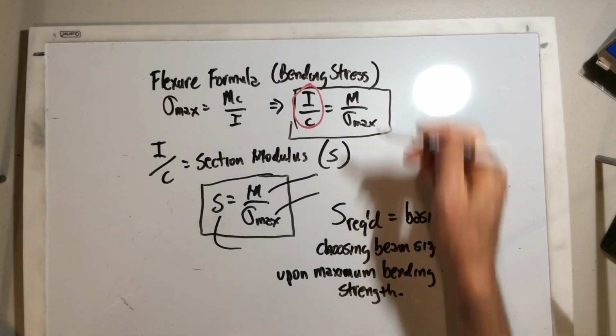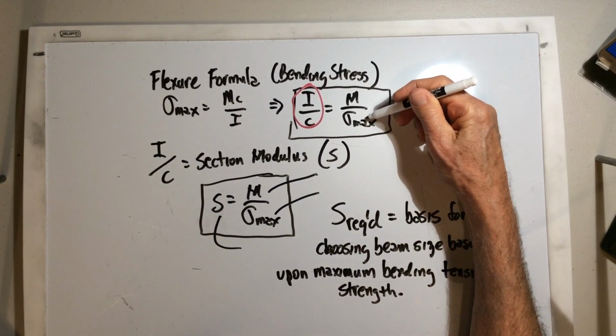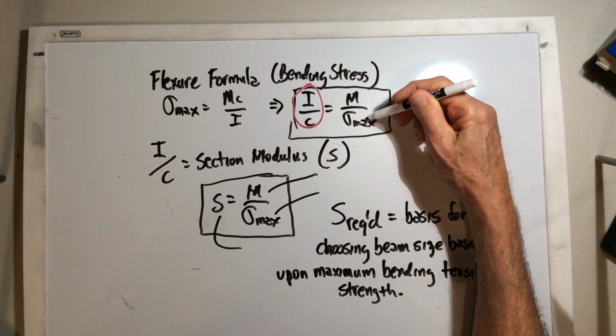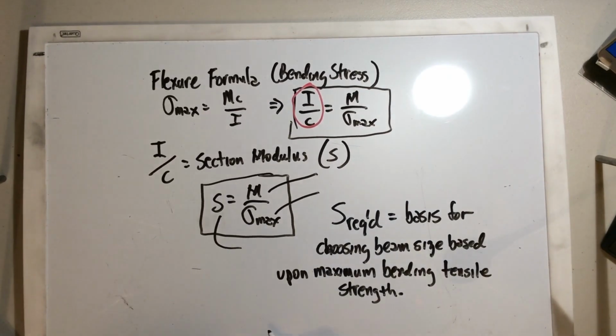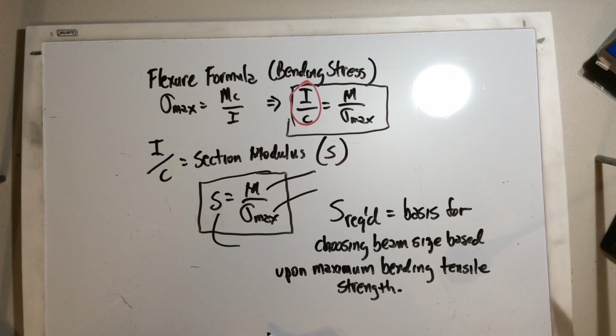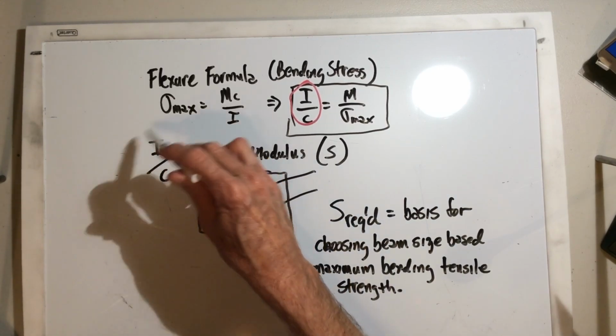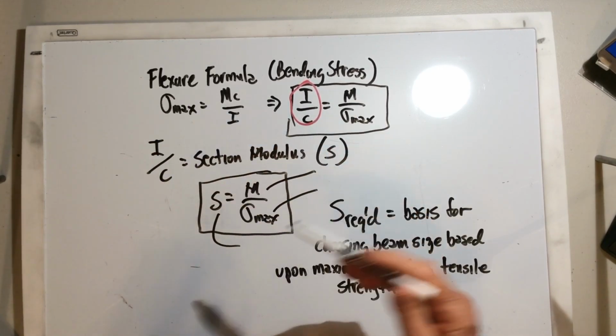Okay, and so this obviously would be attainable based upon what kind of material you're talking about, steel, aluminum, what have you. So it's just something that I want to make sure you understand on beam design from this standpoint, that this quantity I over c is referencing the section modulus.